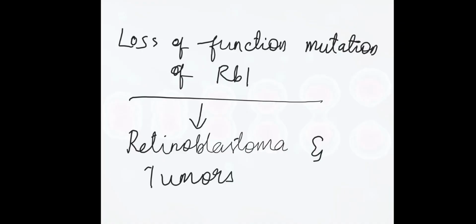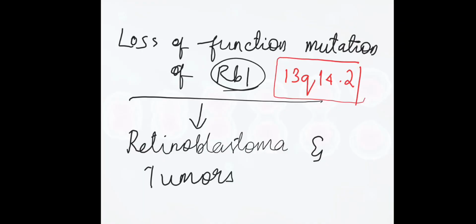In humans, the RB1 gene is located on chromosome 13q14.2. Remember this.